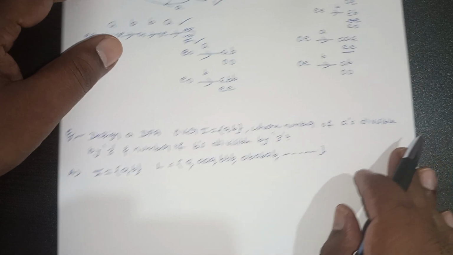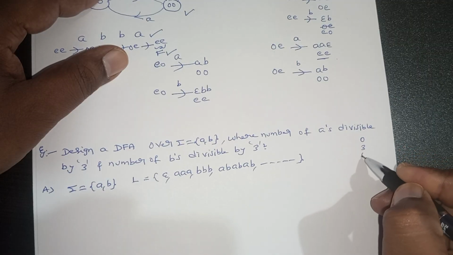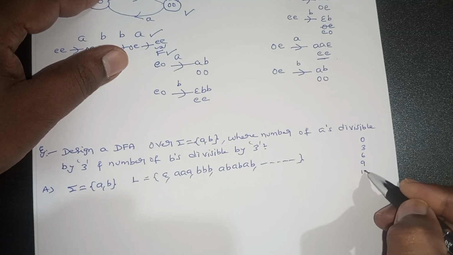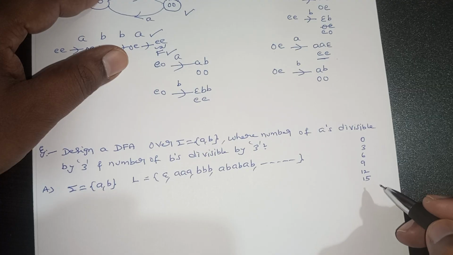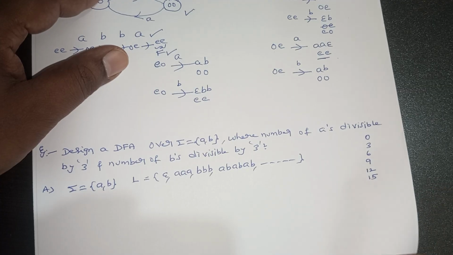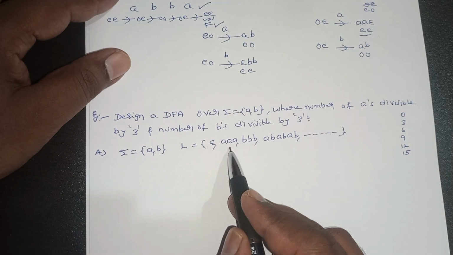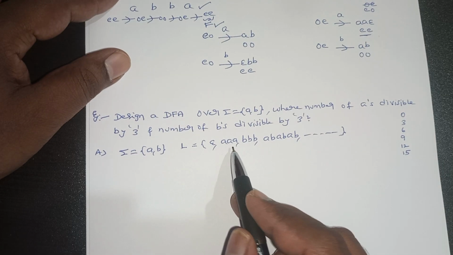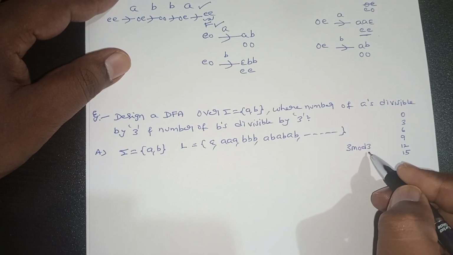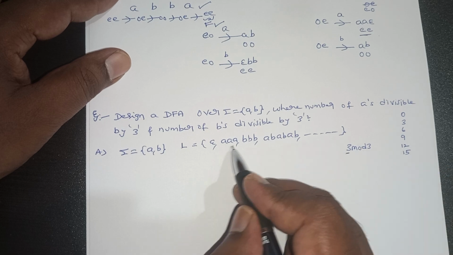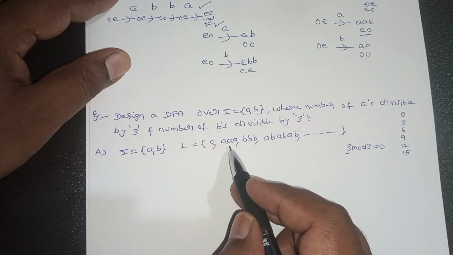It means multiples of 3, like 0, 3, 6, 9, 12, 15. These numbers are divisible by 3, so I will get a remainder of 0. That is the question. Take 3 A's: 3 mod 3, the remainder is 0, so this is divisible by 3.